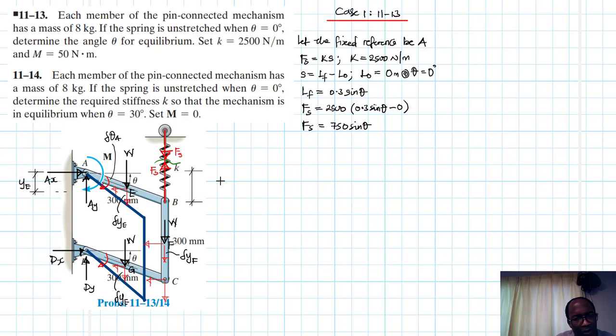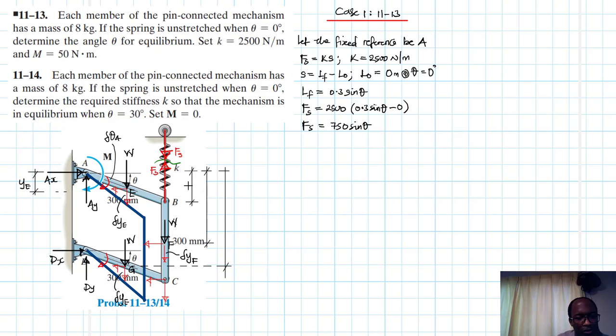Then from this point here we define F, and then from this point to this point we define G. There we go.